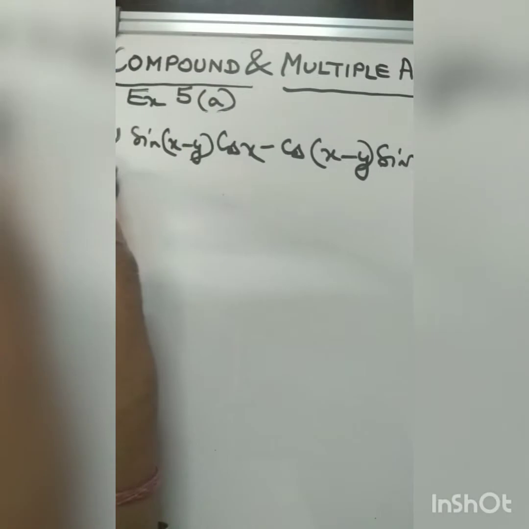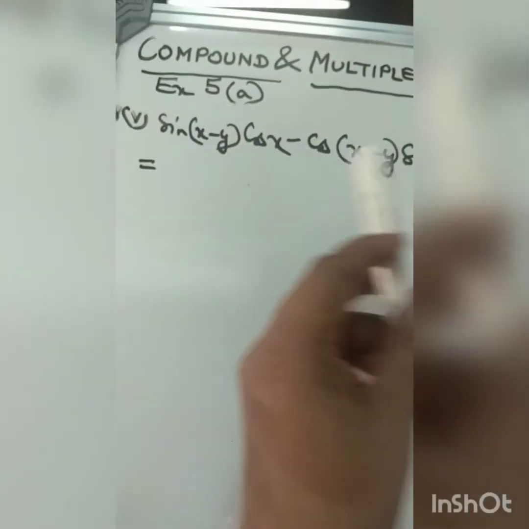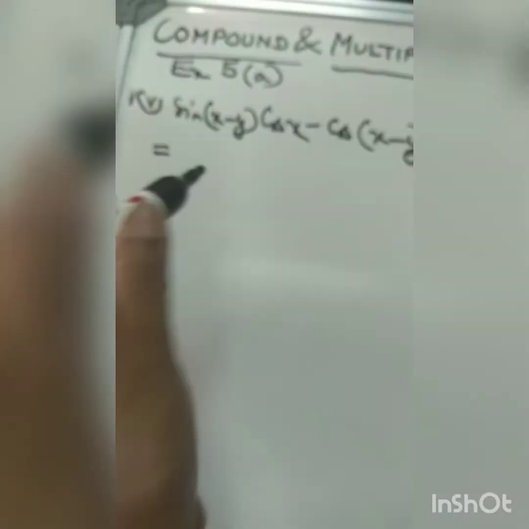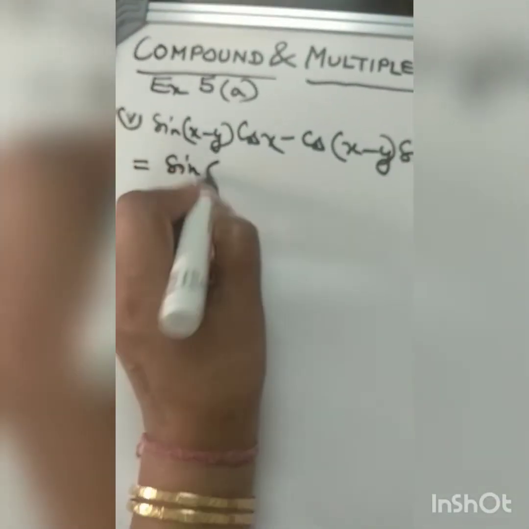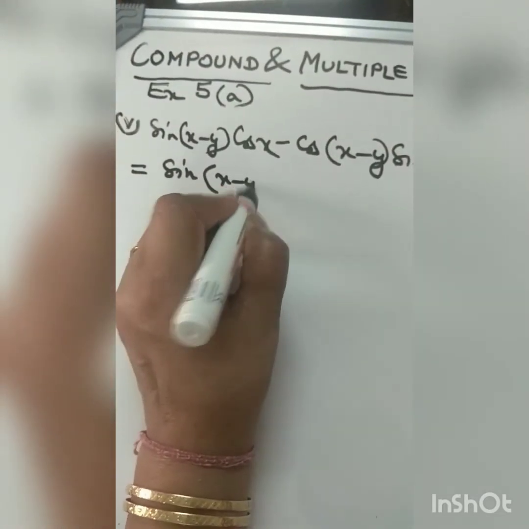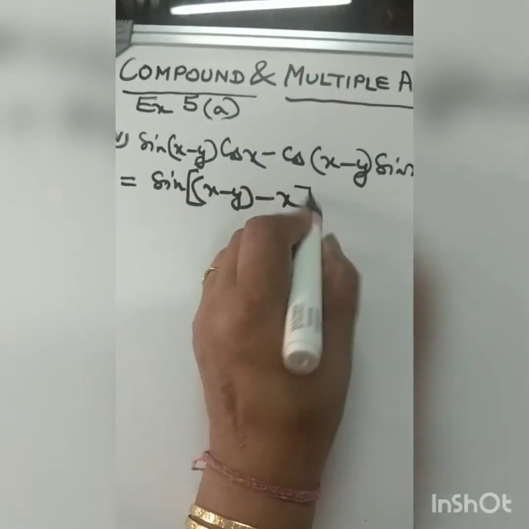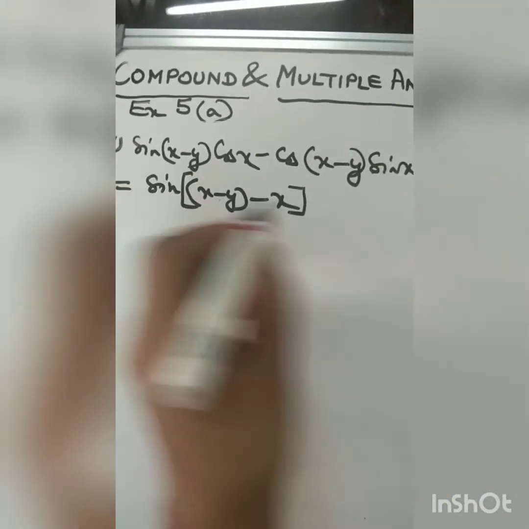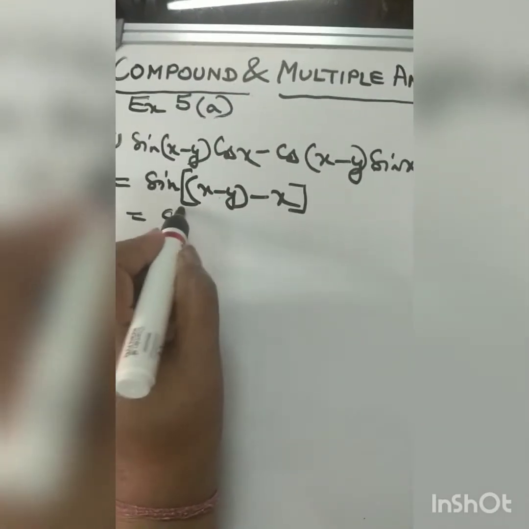Now just see, this is sin a cos b minus cos a sin b, and the formula is sine of a minus b. Hence x minus y minus x will be the expression in reduced form. Hence x and minus x gets cancelled.